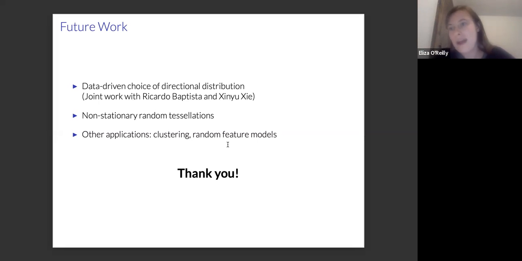So you can imagine that the important features are not uniform in space.